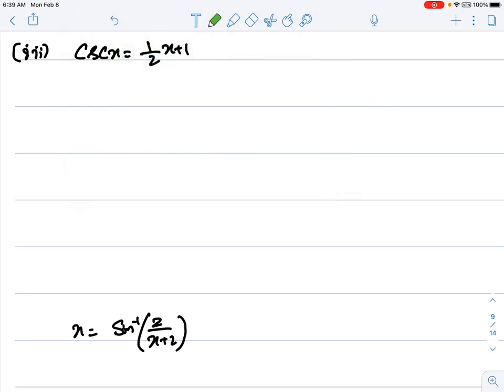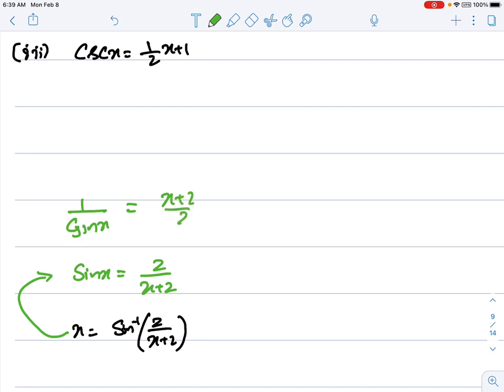If this is the question statement, the step before would be sine x is equal to 2 upon x plus 2. The step before that, I require cosecant x, right? So do the reciprocal on both sides. So 1 by sine x is equal to x plus 2 by 2. So 1 by sine x, which is cosecant x, is equal to x upon 2 plus 2 upon 2. So cosecant x is equal to 1 upon 2 x plus 1. That is how, from the bottom up approach, we can get that answer.